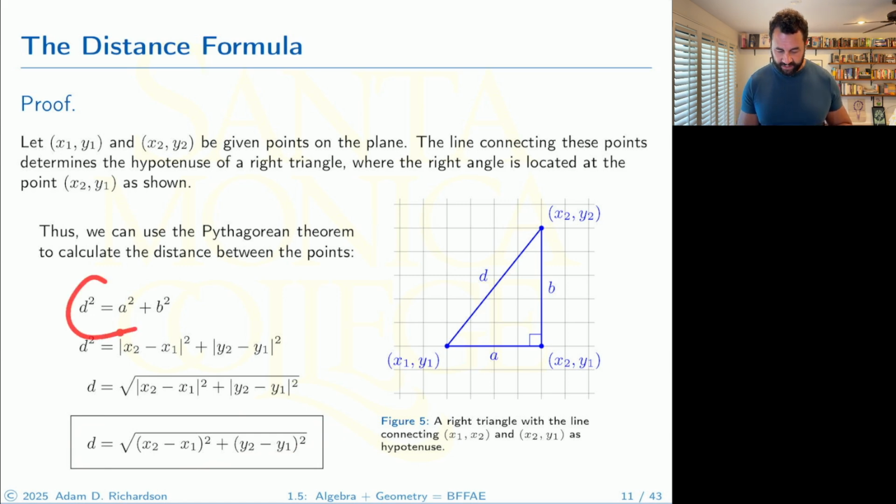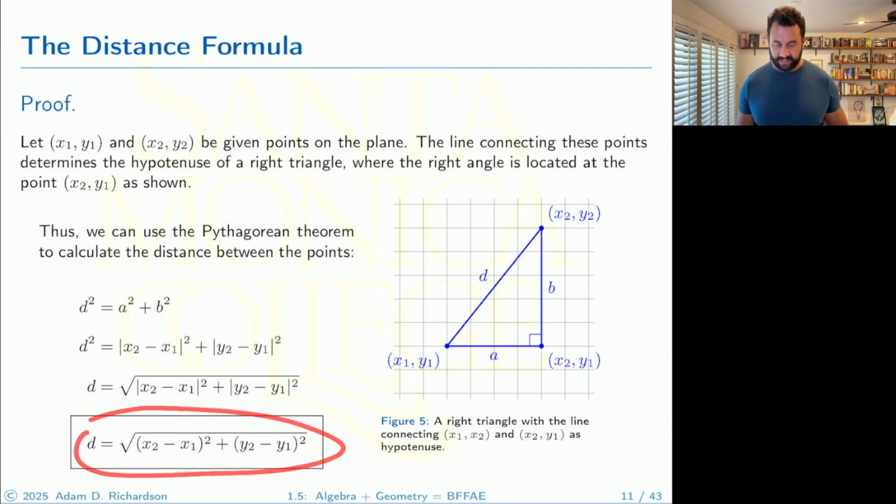It's just that the Pythagorean theorem is giving you results in planar geometry, and the distance formula is giving you results in what we call coordinate geometry, where coordinates are involved. Let's go through the calculation here. You're going to love this. So d squared equals a squared plus b squared, Pythagorean theorem. Now we just need to find expressions for a and b.